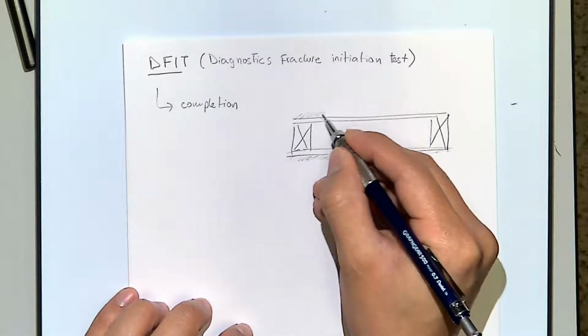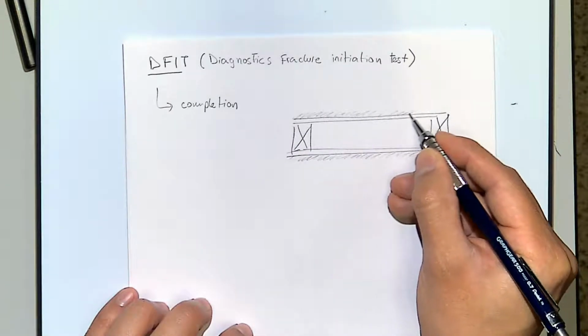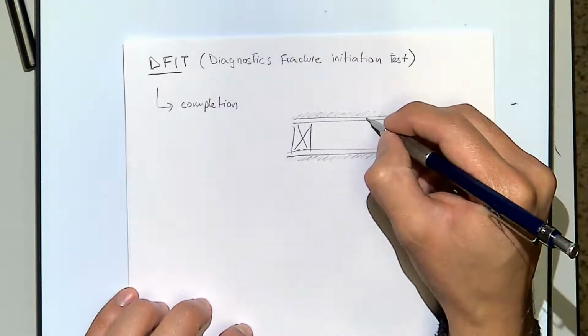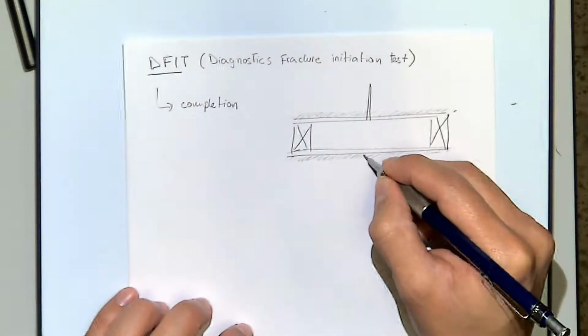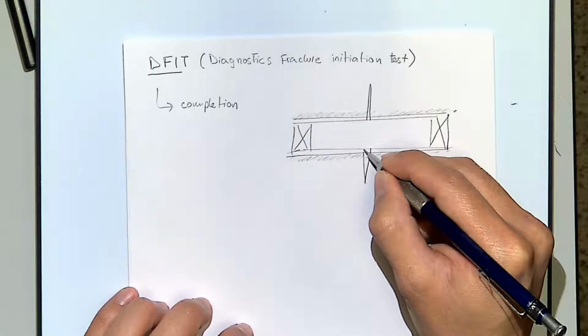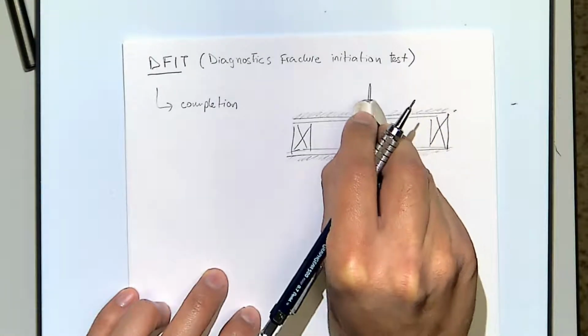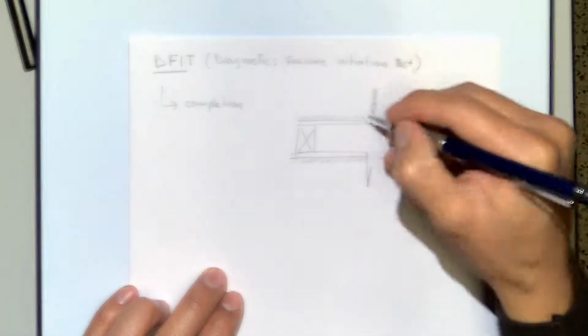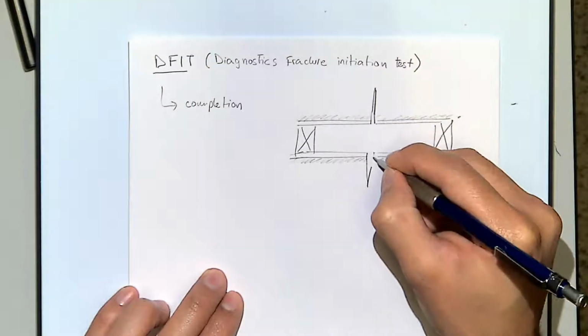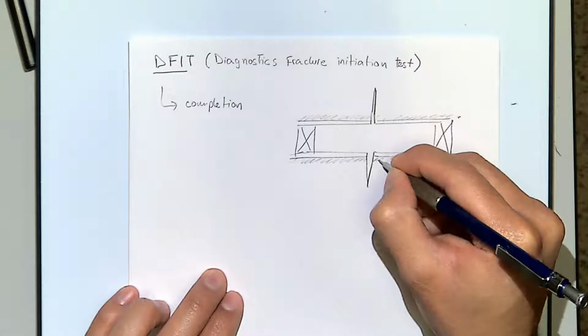In order to get to the rock, you need to make a perforation, right? And in order to make the perforation, you have to have perforation guns. And now this test you're going to run through those perforations.